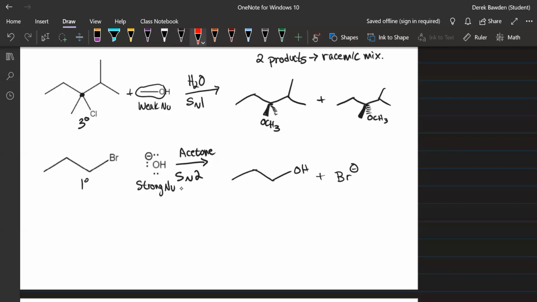So our OH attacks that carbon, and the leaving group leaves. That's technically the full mechanism there. In our SN1, the leaving group leaves first, and then you get a carbocation intermediate, and then the nucleophile attacks, but we don't need to worry about mechanisms right now.